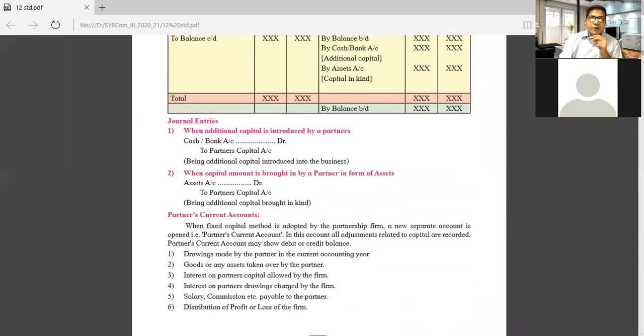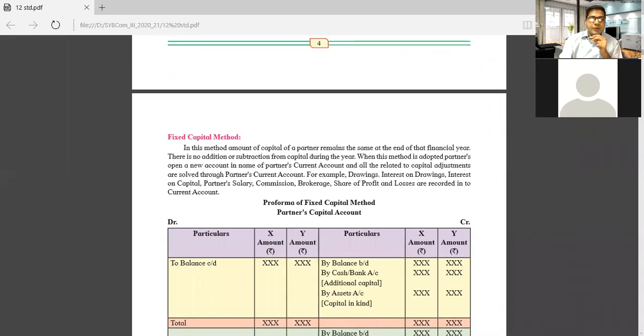Whenever we adopt the fixed capital method, whatever balance comes will be recorded in the partner's capital account. Any additional capital brought by a partner is recorded by cash or bank, on the credit side of the capital account.